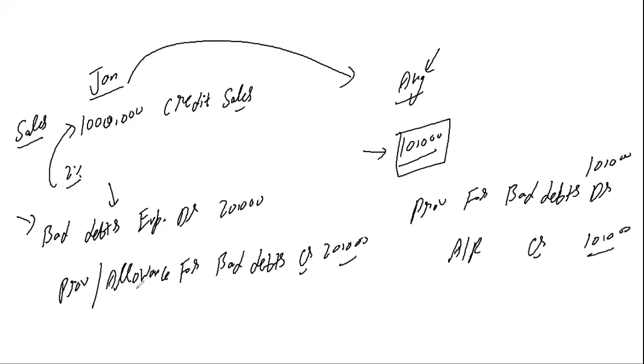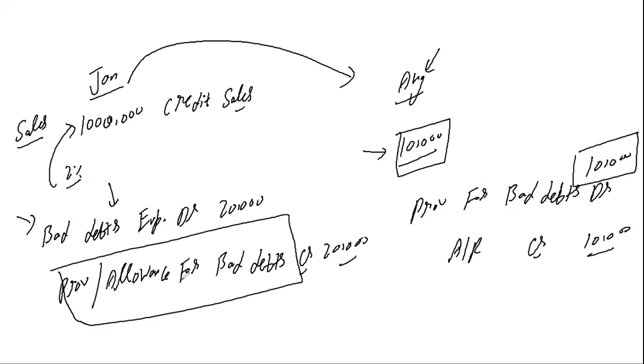So you notice that you were already having the provision. So this provision now will reduce with this much amount, 10,000, and there is no impact on the expenses during the month of August. This is the reason because you were already having the provision.